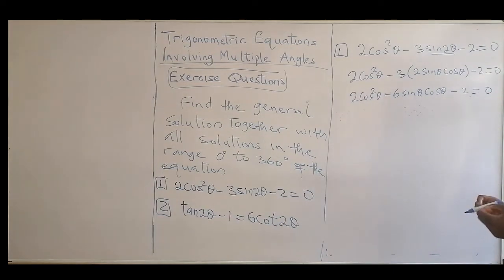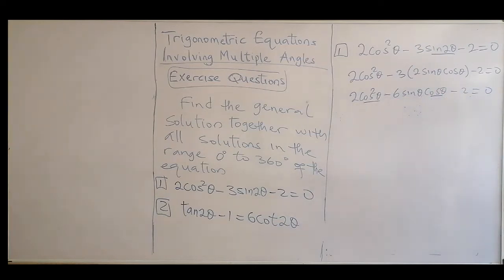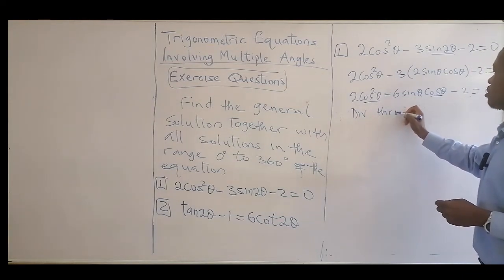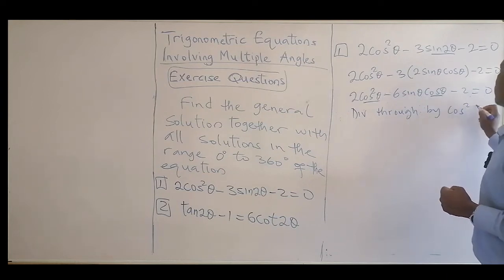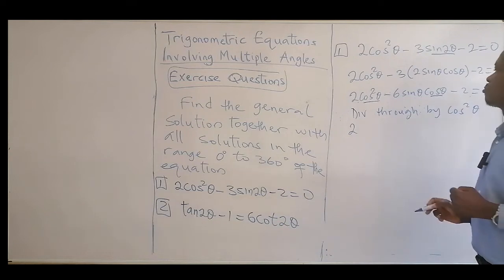equals 0. Now we can see that cos is there in the terms, so we can divide by that factor. Divide through the equation by cos squared theta. Over cos squared theta we have 2.